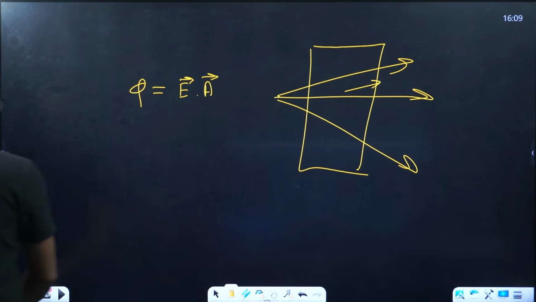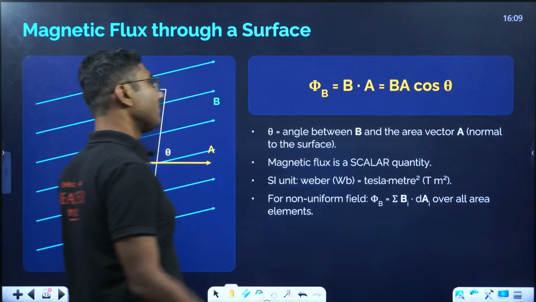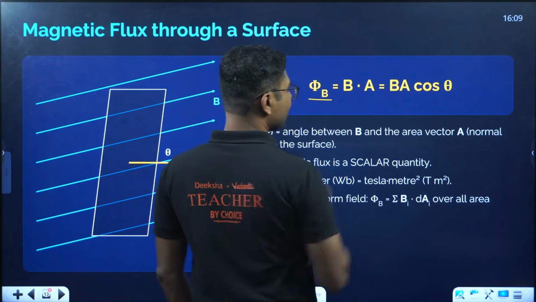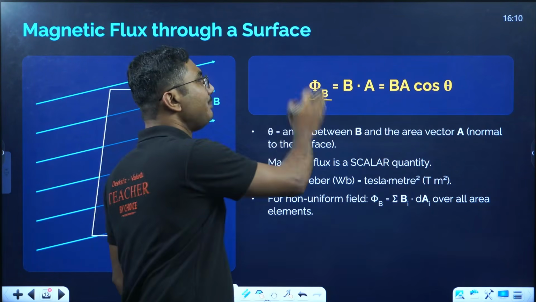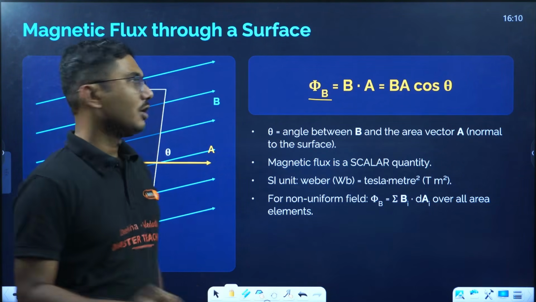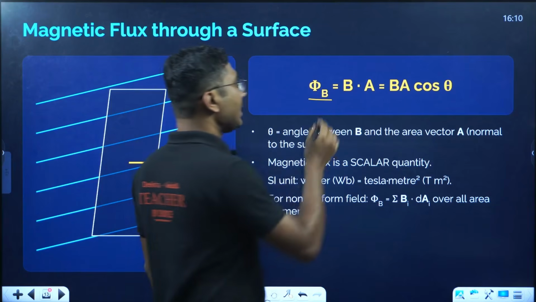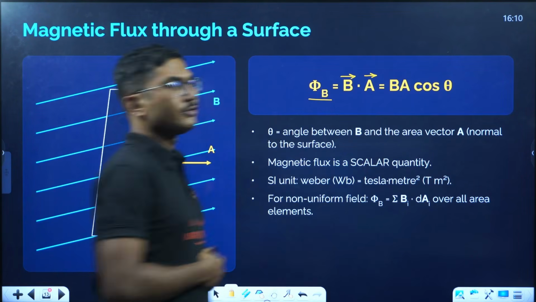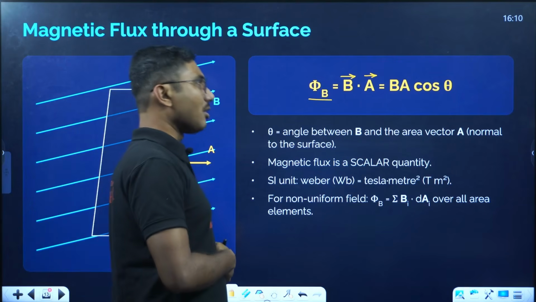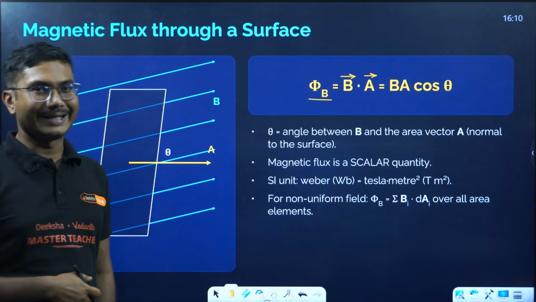Now the same thing we can apply for magnetic flux as well, and because phi is normally used for electric flux, we will use phi B for magnetic flux. The formula is the same, only instead of electric field we use magnetic field. So B dot A equals BA cos theta, that term is called magnetic flux.